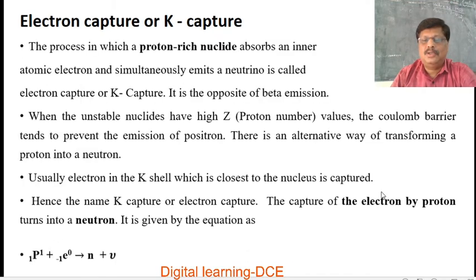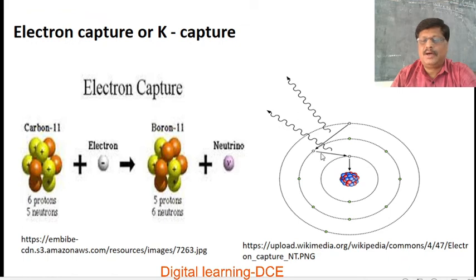So, due to the rearrangement of the electrons, a vacancy is created here. An electron jumps to this place, emitting the characteristic X-rays in the form of energy. When this electron comes to this vacancy, again a vacancy is created here.